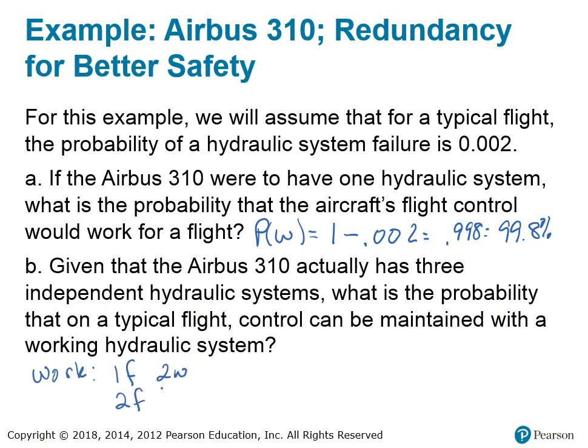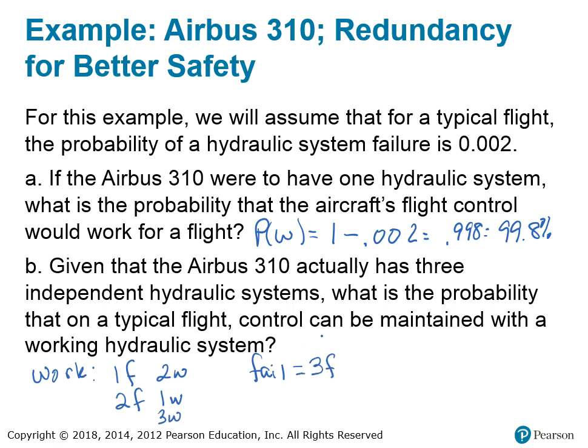If 2 failed and 1 was working, it would still work. Or if all 3 were working, it would still work. The only way that it wouldn't work, if the plane would go down, is if all 3 failed.